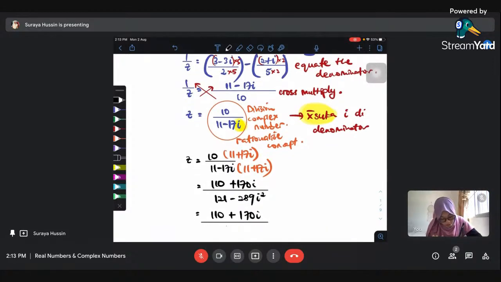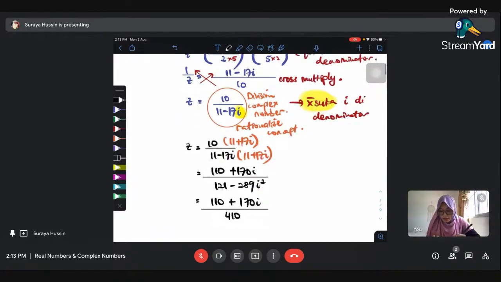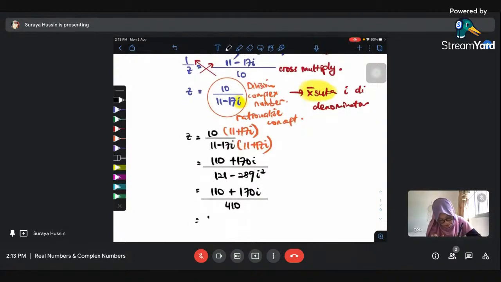Okay, at the bottom you will get 410. So you simplify it, you will get 11 over 41 plus 17 over 41i. That is your Z, because the question is asking for Z.